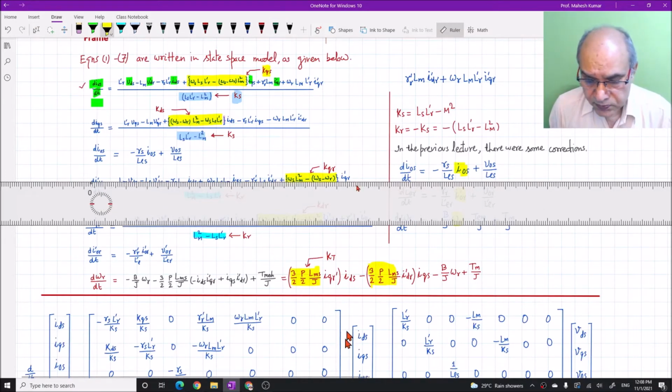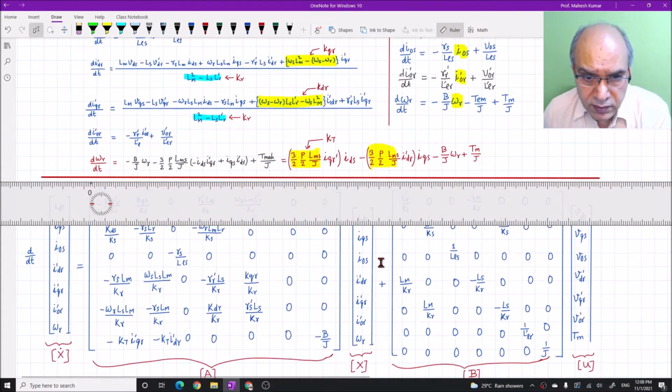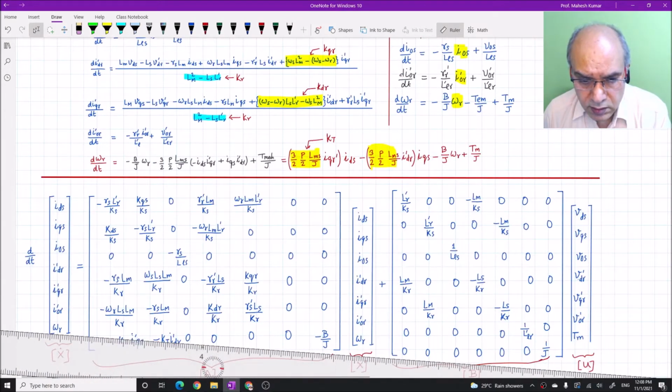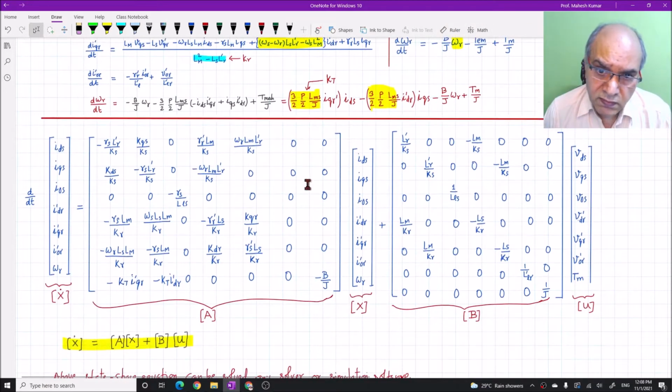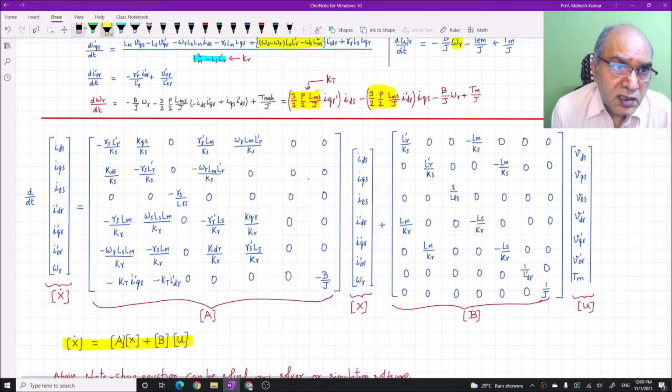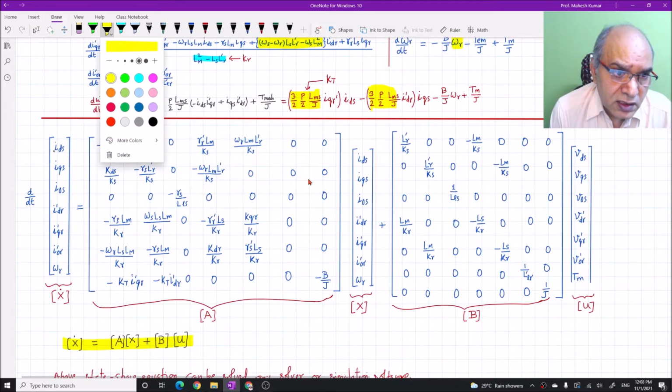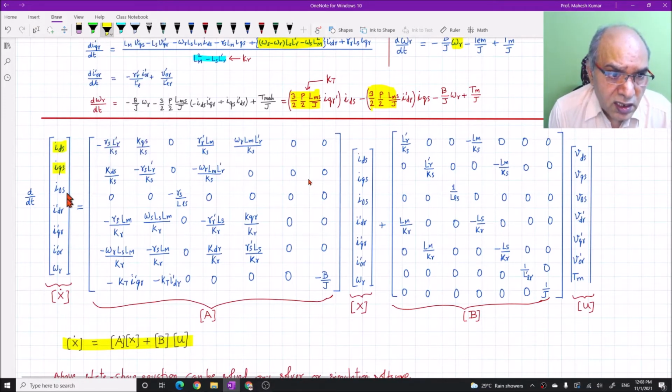So this is the complete matrix where you can see there are 7 state variables, that is ids, iqs, i0s, then idr dash, iqr dash, i0r dash and omega r, and the first order derivatives of these state variables.